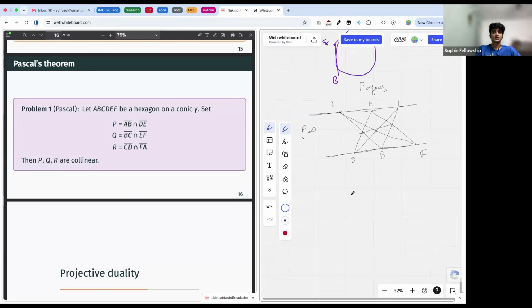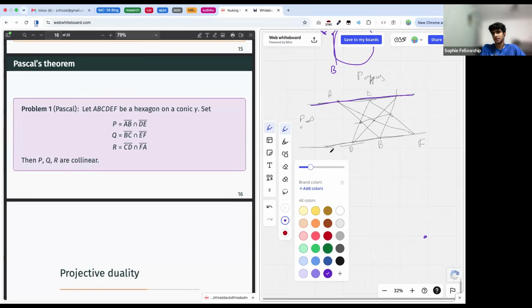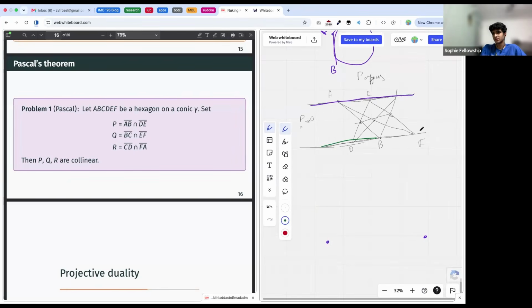Let's try to look at the dual statement of Pappus. So instead of a pair of lines, what are we going to have? We're going to have a pair of points. And instead of a point A that lies on this line, okay, to make the entire duality concept clear, we'll put a purple line and a green line, kind of like the metro lines in Bangalore.